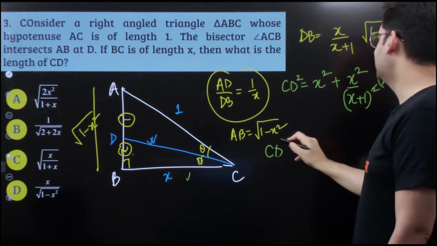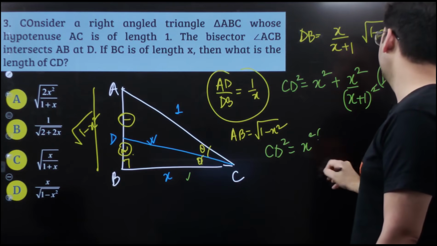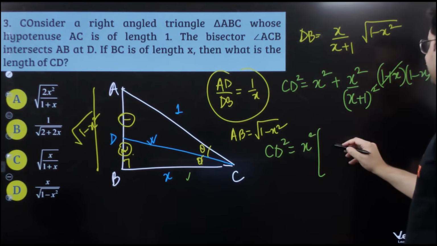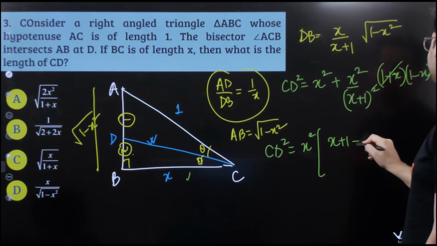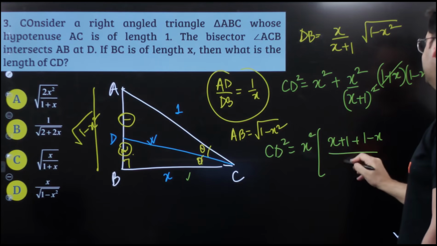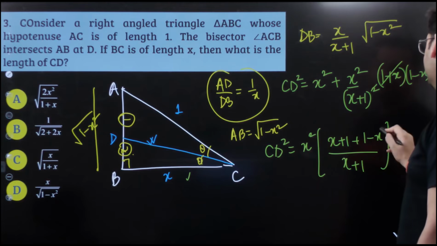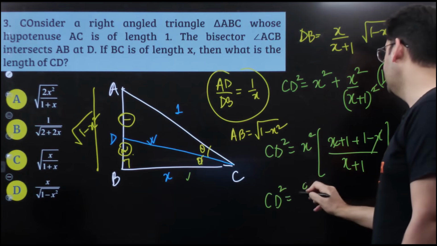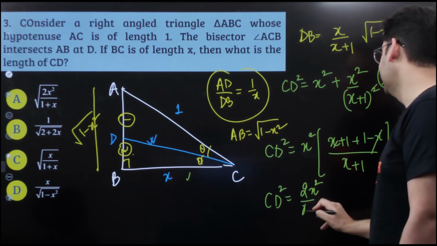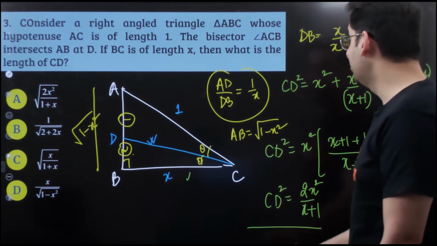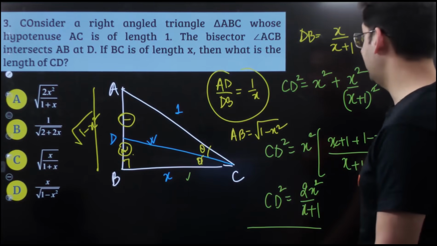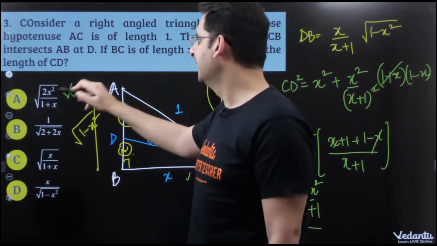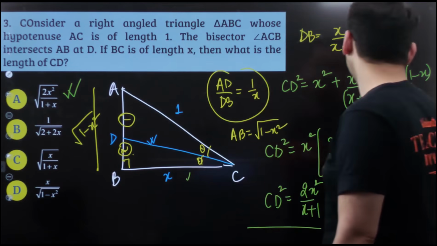So CD square, x square common ले लिया. x square upon x plus 1. So यहाँ पर x plus 1 बचा, यहाँ पर 1 minus x बचा upon x plus 1 बचा. So CD square is equal to 2x square upon x plus 1. So CD is going to be root of 2x, or okay, directly it is given. So option A is going to be the right answer to this.